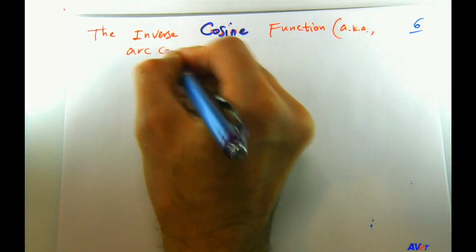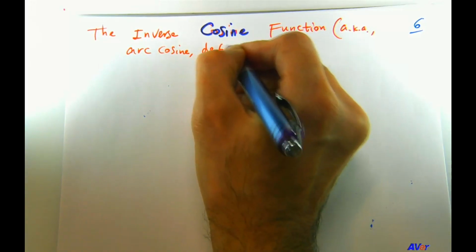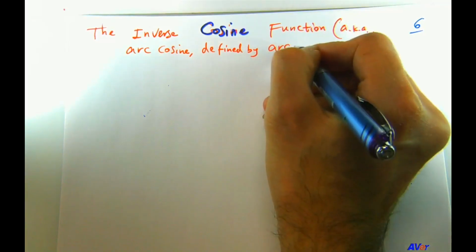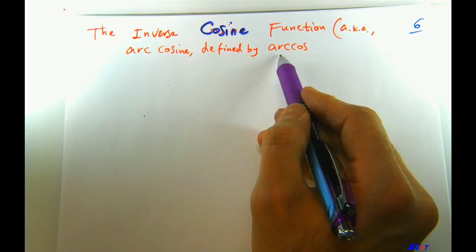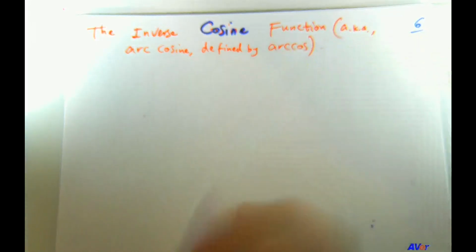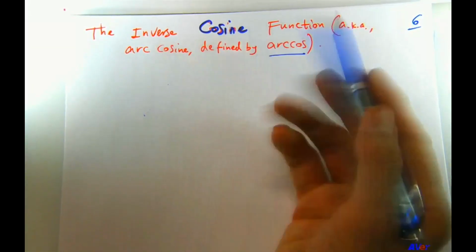Arc cosine, which is defined by like that. So that's a mathematical notation for inverse cosine function. Okay, like that. So if you see that notation, that means inverse cosine function.